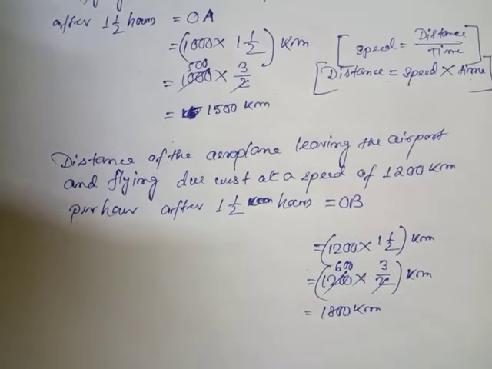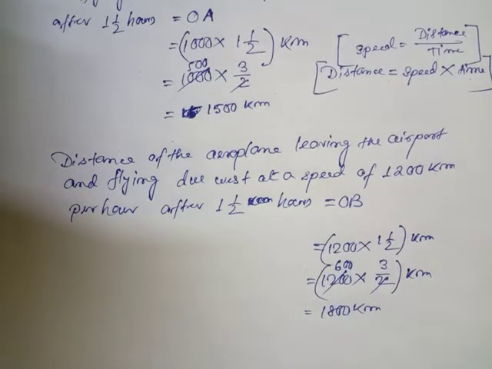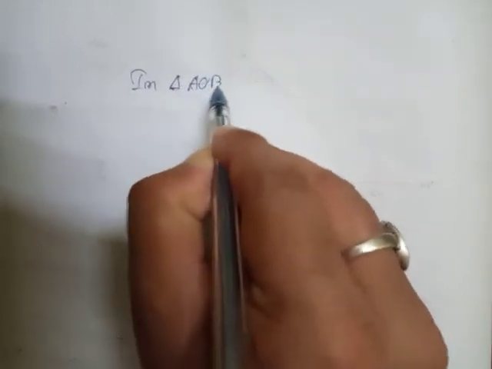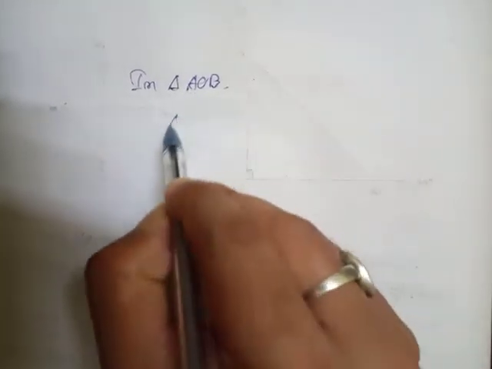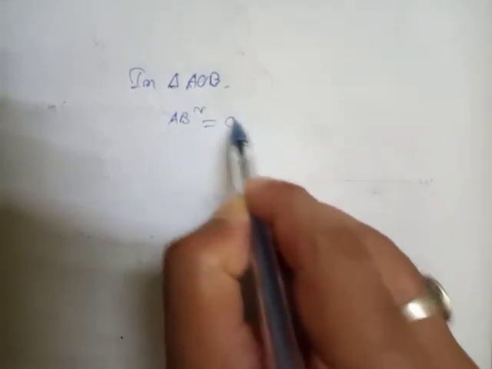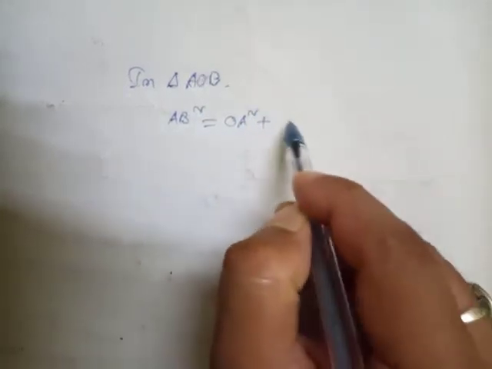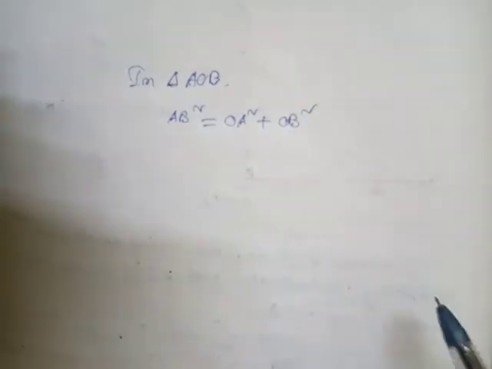Now look student, we have got OB and OA. Now we can find out AB, the distance between the two planes. Let's have a look how to solve this by using the Pythagoras theorem. Look student, now in triangle AOB, AB square, AB is the distance, AB square equals OA square plus OB square.